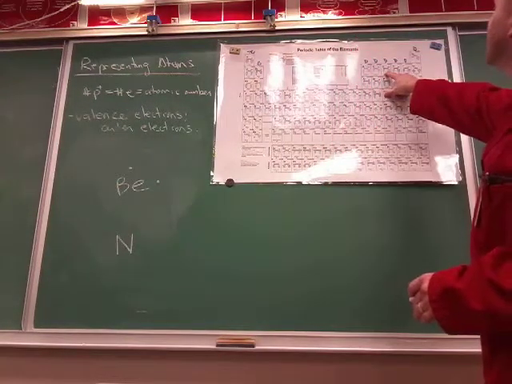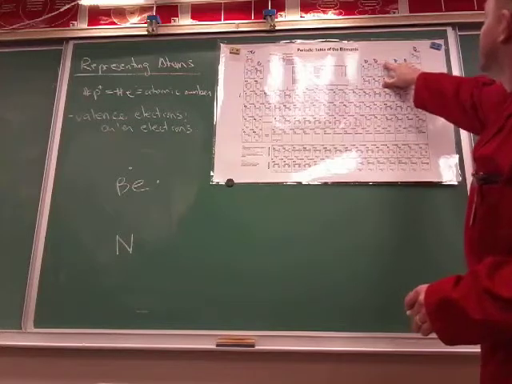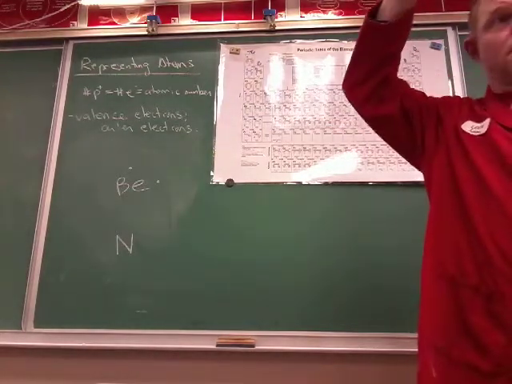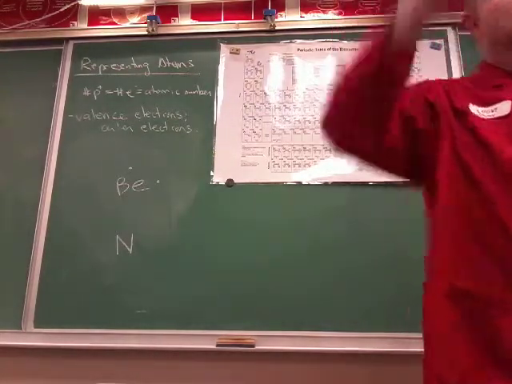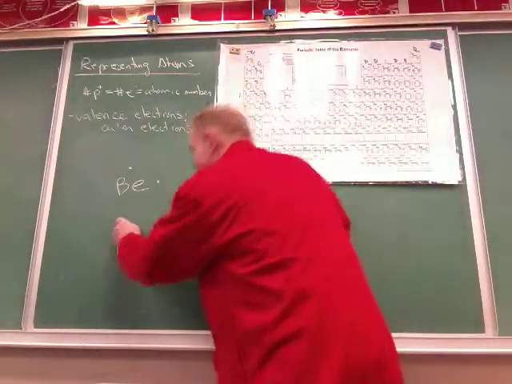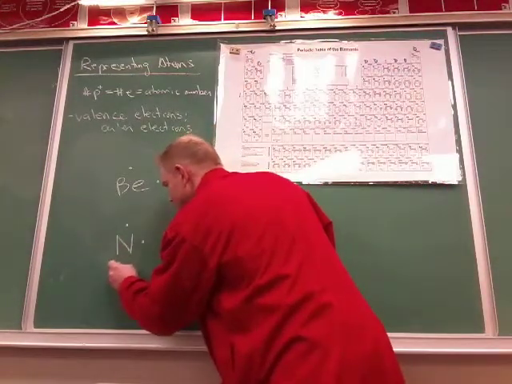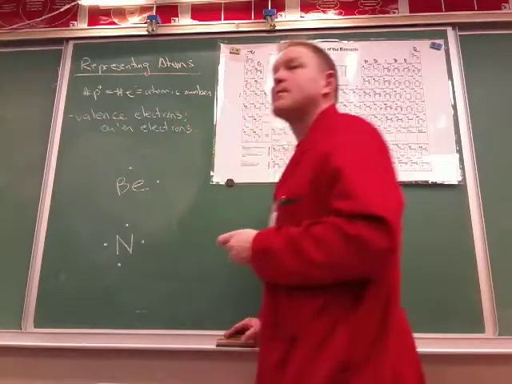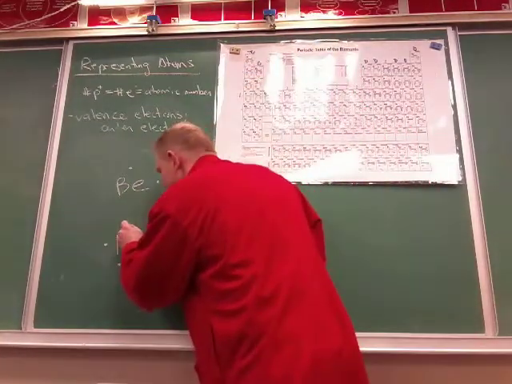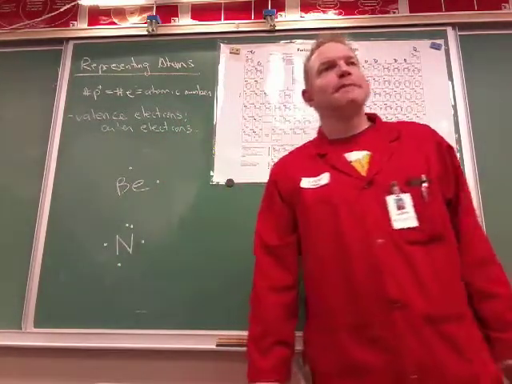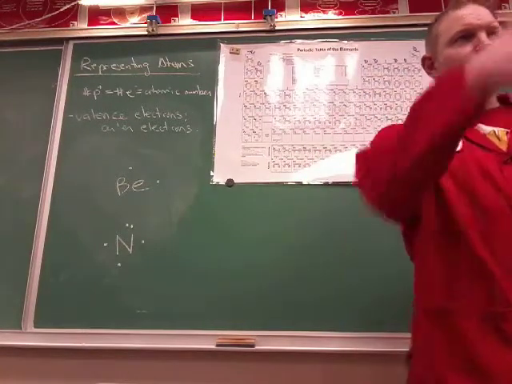Right here. That's nitrogen. So we're ignoring the 1. 5. It gets 5 dots. So it looks like this. 1, 2, 3, 4. Now we pair it up. 5. Okay? You okay with that? Awesome.